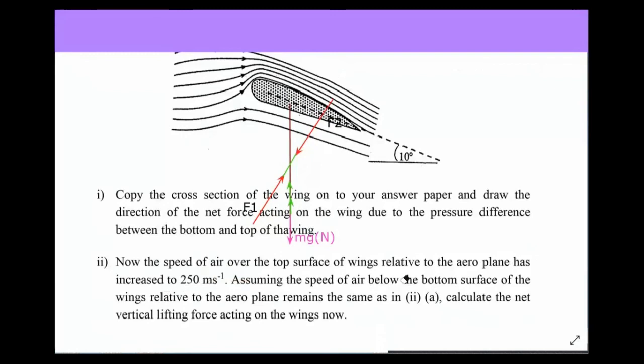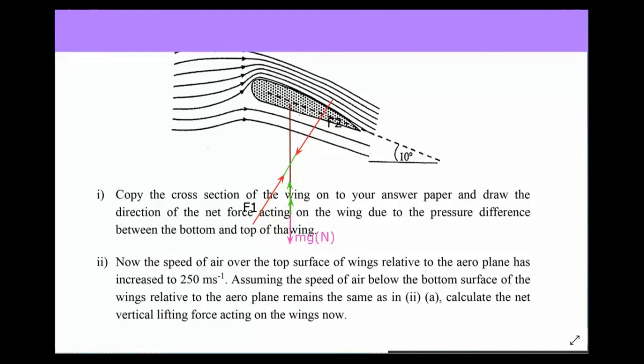Assuming that the airflow below the bottom surface of the wings relative to the aeroplane remains the same, the velocity along the bottom surface remains unchanged, that is 200 meters per second. Calculate the vertical lifting force acting on the wings now.